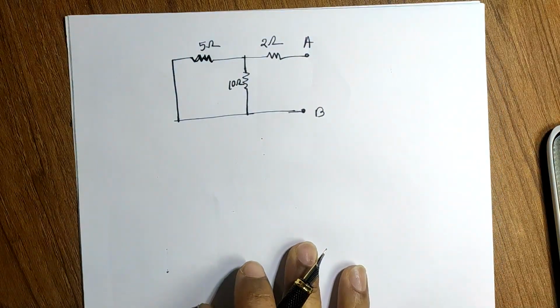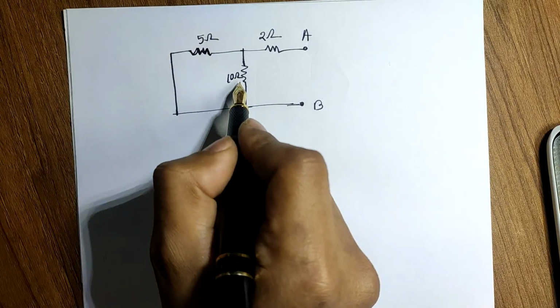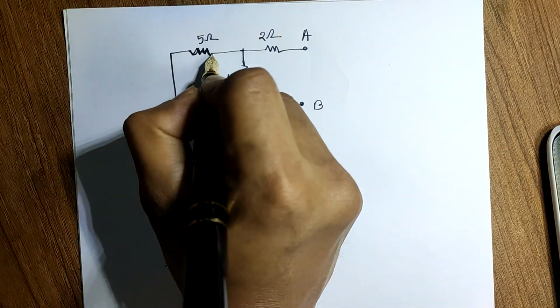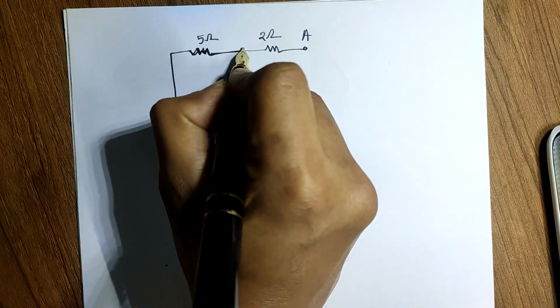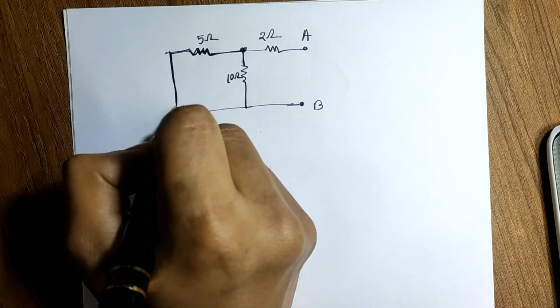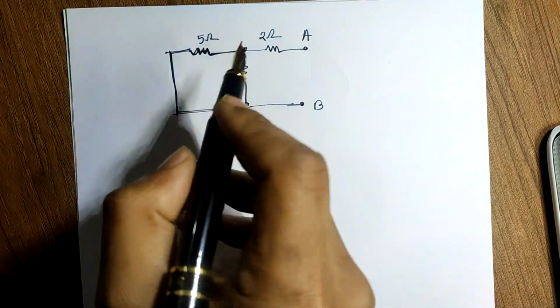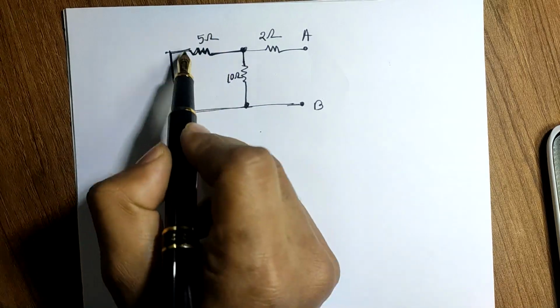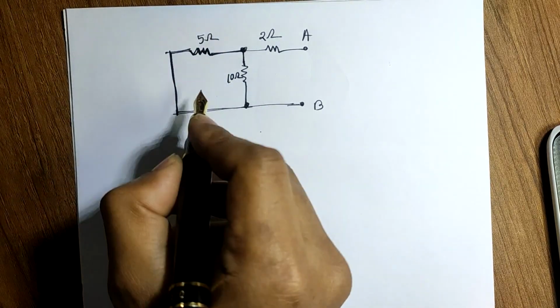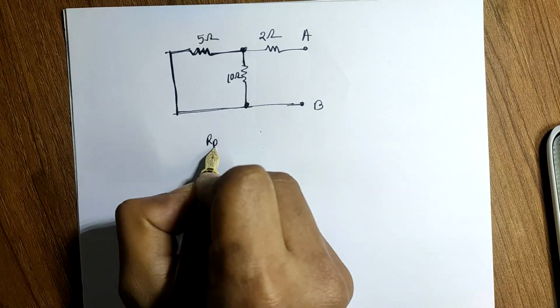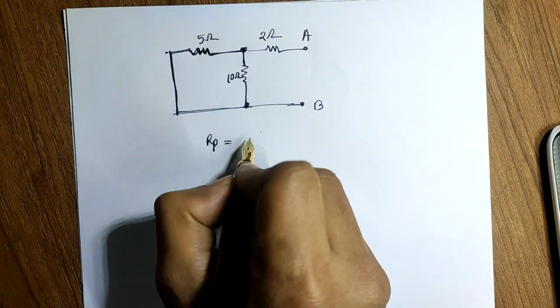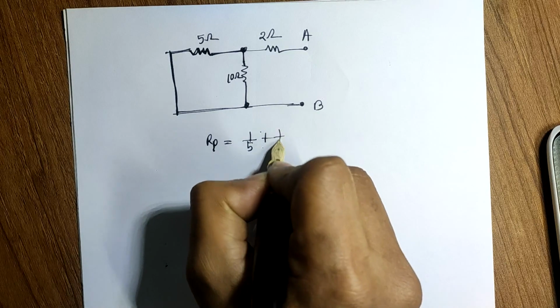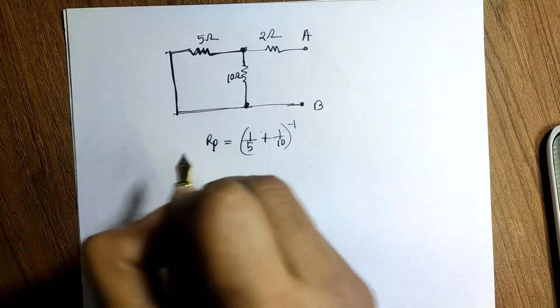Now by observation you can see that this 5 ohm and 10 ohm are in parallel, because the first terminals are connected here and the other terminals are connected here. So if I find the parallel equivalent of these two resistances, then I will get 1 over 5 plus 1 over 10, inverse of that.